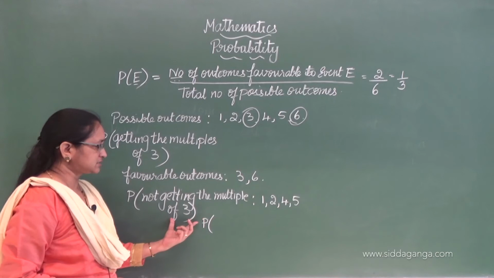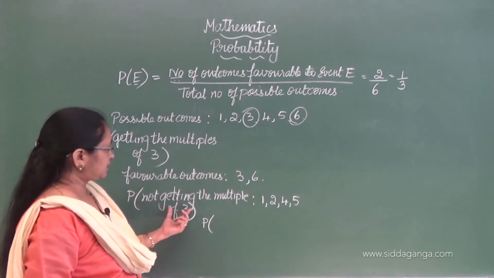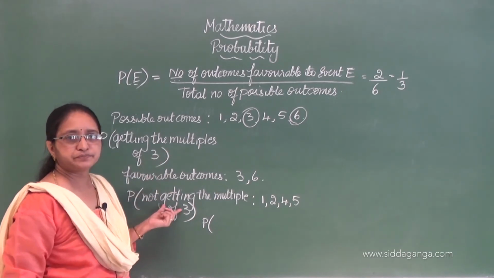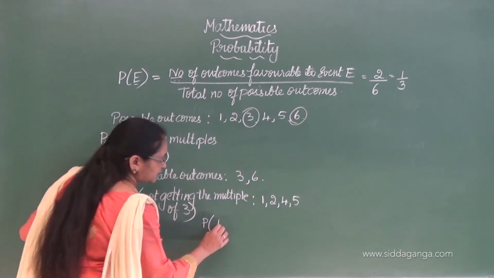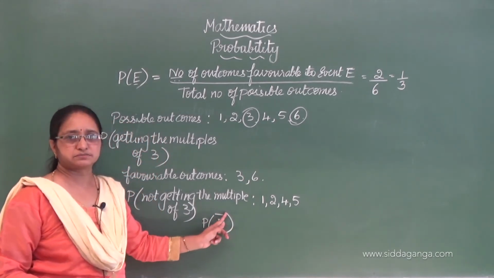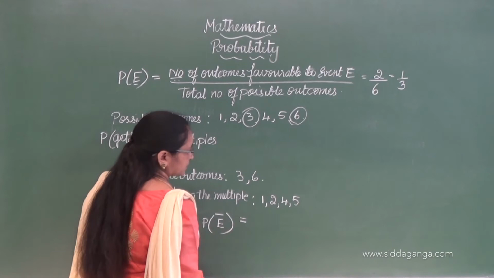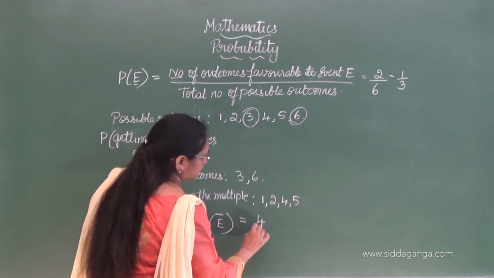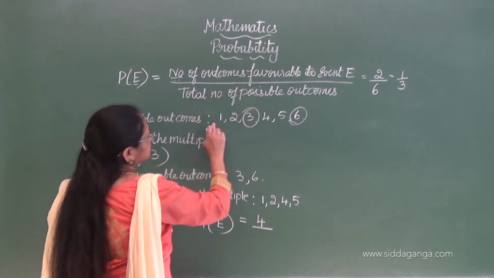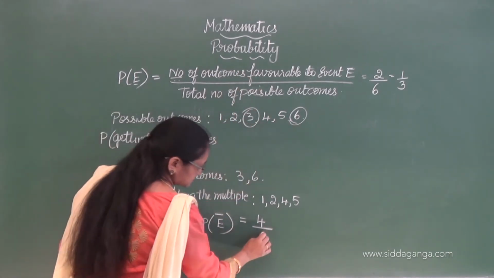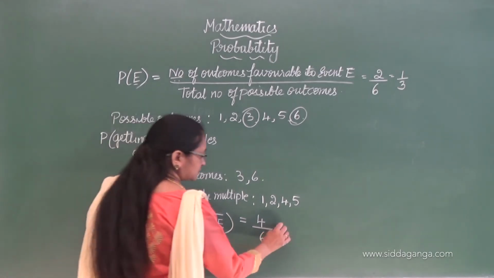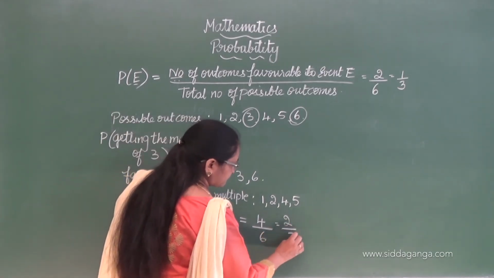When we write this, it is also called the complement of this event. We can represent it like this: E bar. P of E bar is equal to, how many are there? 4 are the favorable outcomes. Possible outcomes are the same, that is 6. So 4 by 6, which is 2 by 3.